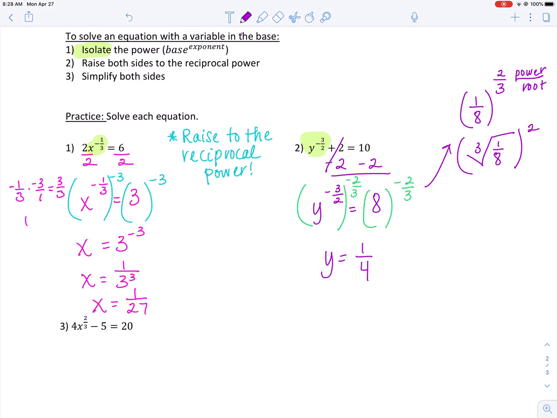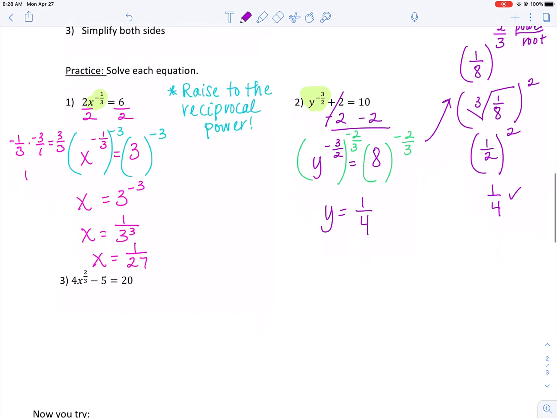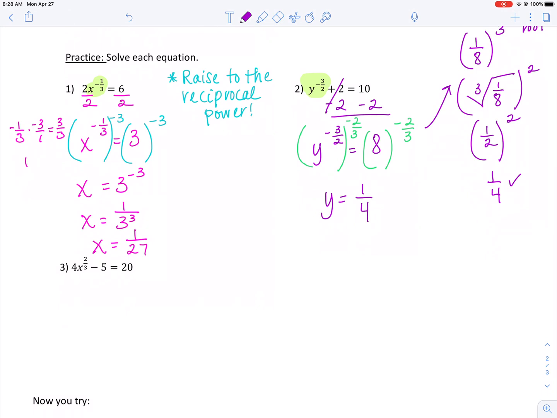And the cubed root of 1/8 is 1/2. In other words, what times itself 3 times? 1/2 times 1/2 times 1/2 gives you 1/8. But if I square that, I get 1/4. So that's mathematically, but again, you're going to go right into the calculator to get your answer.